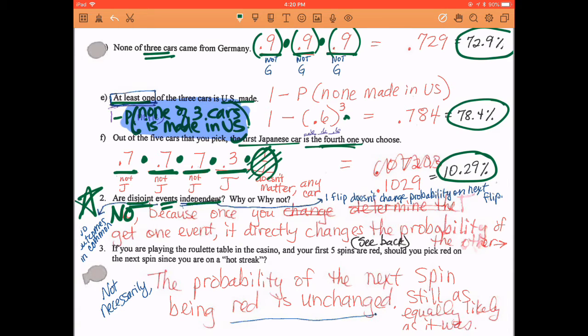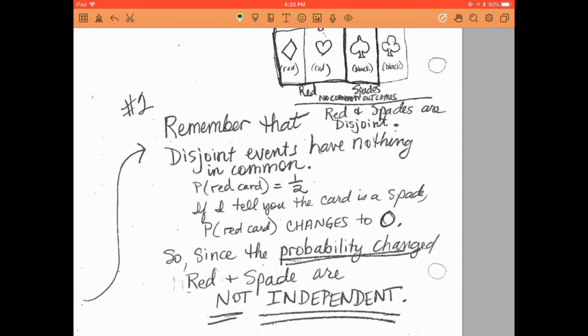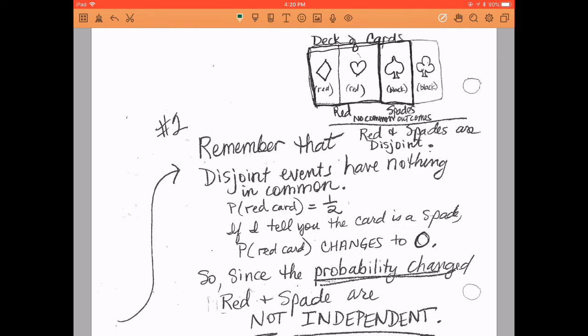Never are disjoint events independent. So I went into detail on that in a previous video, but I'm going to give you a shortcut of that idea right now. Remember that disjoint events have no overlap. They have nothing in common.